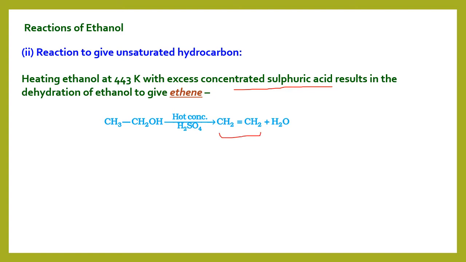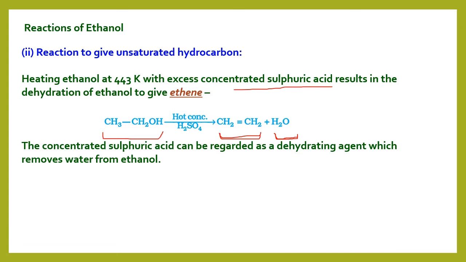Okay, see here is the reaction, CH3CH2OH. When it is heated in presence of concentrated H2SO4, it gives CH2=CH2, ethene, and water. See, sulfuric acid is a dehydrating agent. So it removes water from ethanol, and that results in ethanol giving ethene, CH2=CH2. Right?